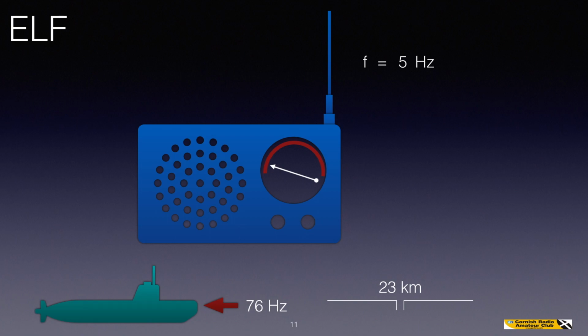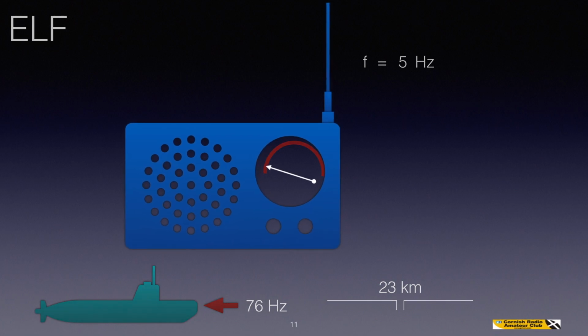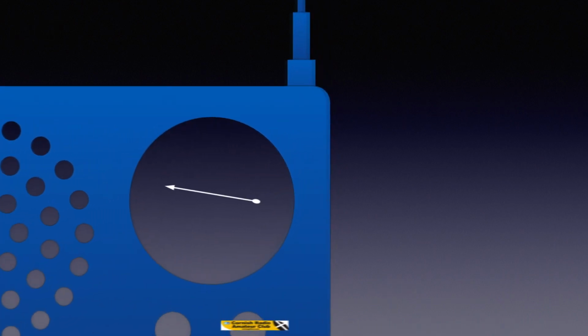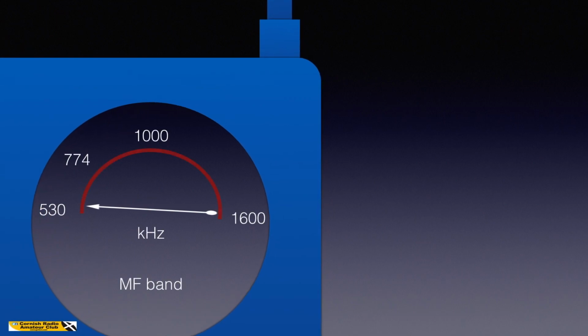Now, if we have a look at some more common frequencies, ones that we might actually encounter, here we have our transistor radio, and there's a dial, and they're currently tuned to the bottom end of the MF band, sometimes called the medium wave band, at 530 kilohertz. You can see the small k, capital H, small z, kilohertz, written there on the dial.